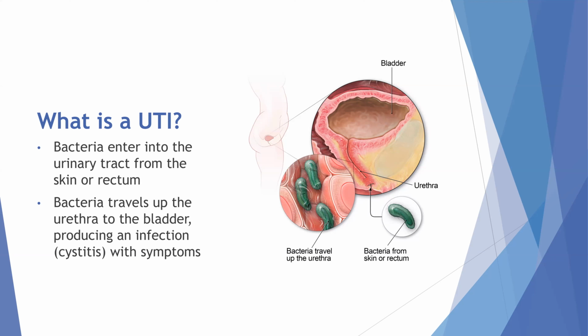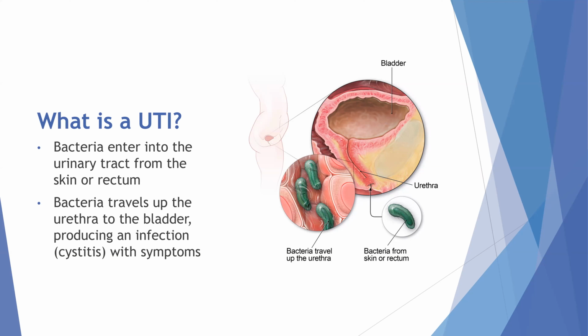However, bacteria can get into your urinary system, which can then cause the UTIs that we're going to talk about today. So UTIs happen when bacteria, usually from the skin or the rectum area, enter the urethra and infect the urinary tract.